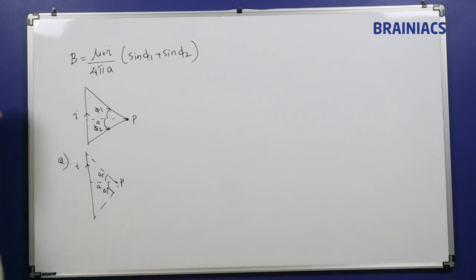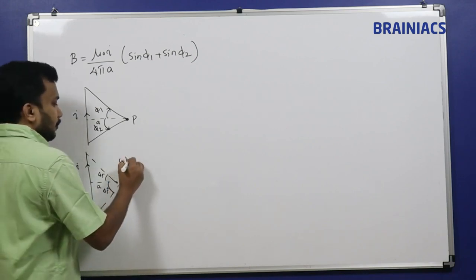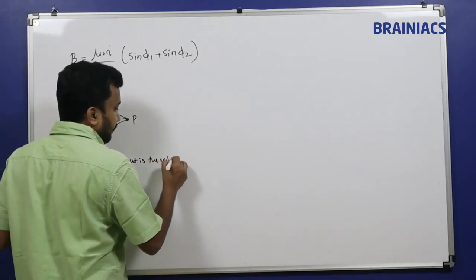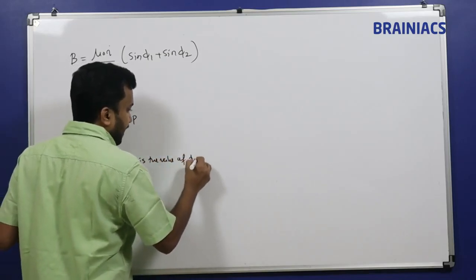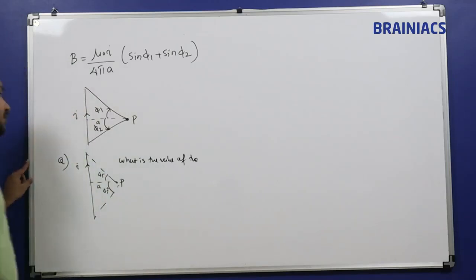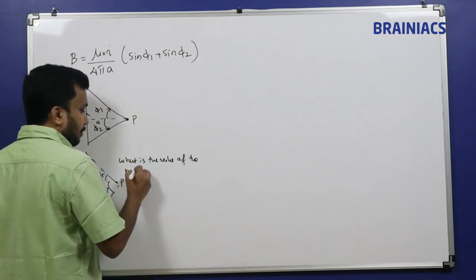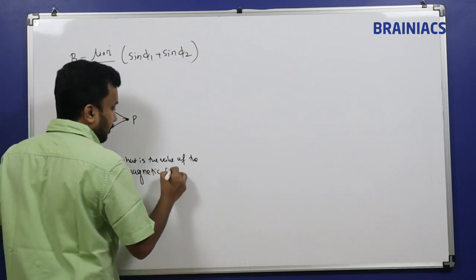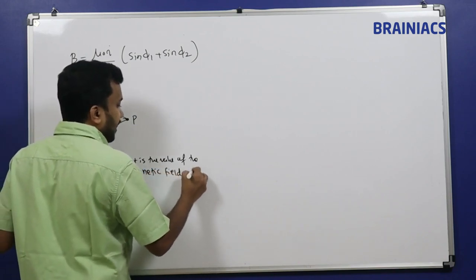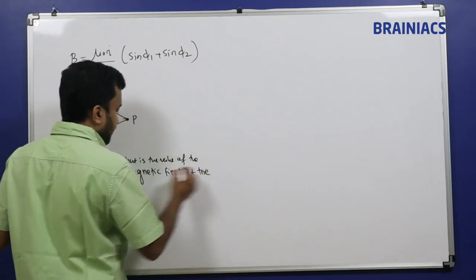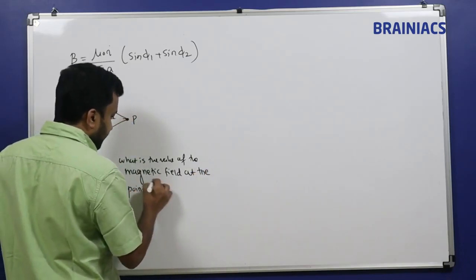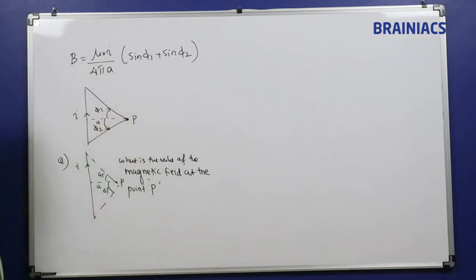This is the diagram. The question is, what is the value of the magnetic field at the point P?